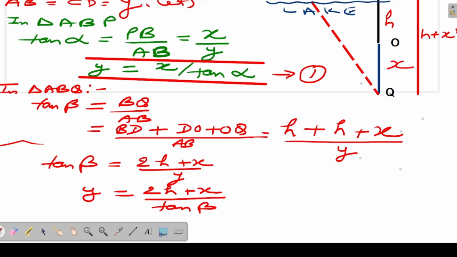This is our second equation. We'll do one thing, mark this as equation number 2.